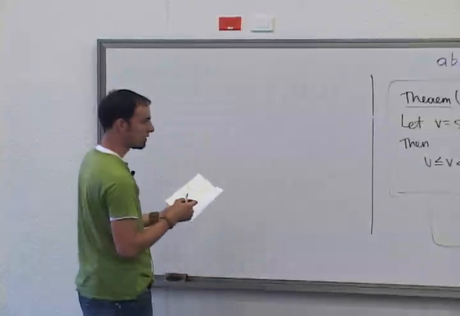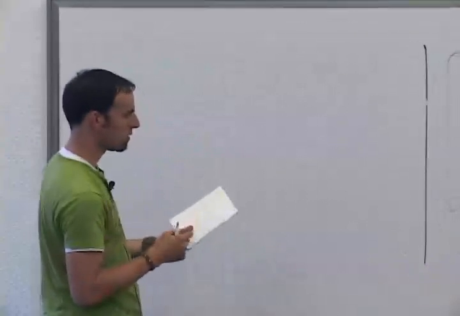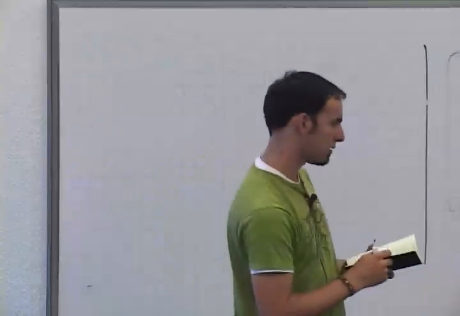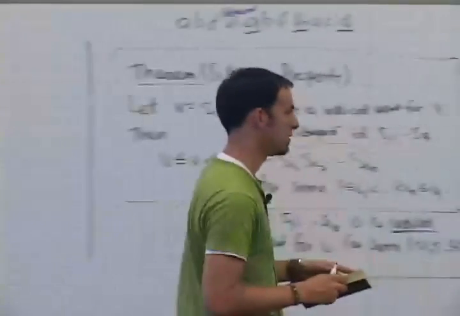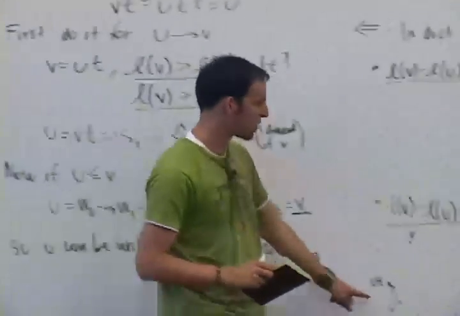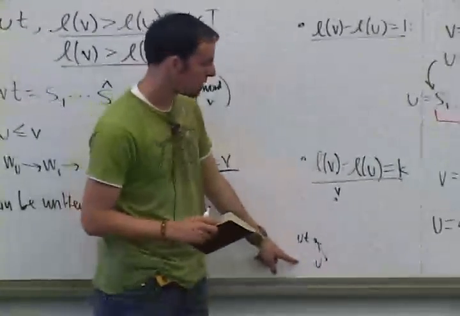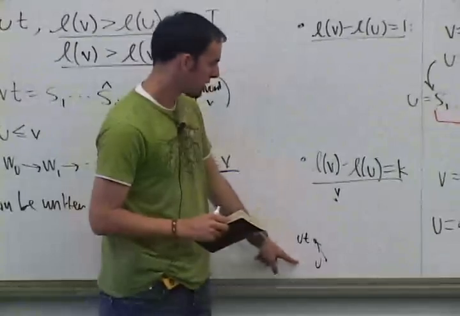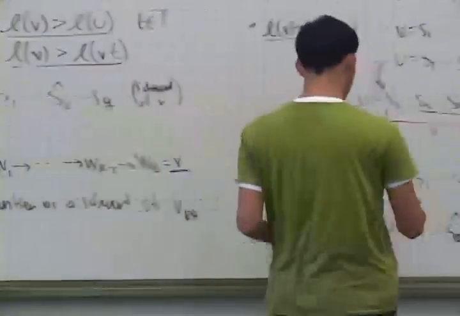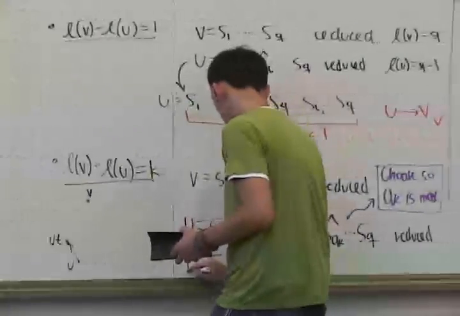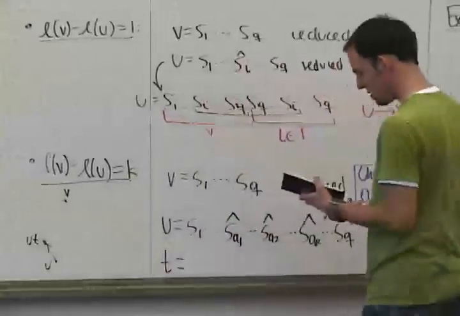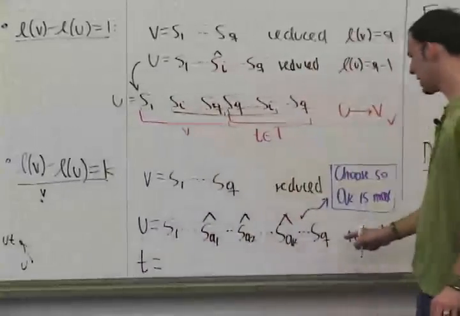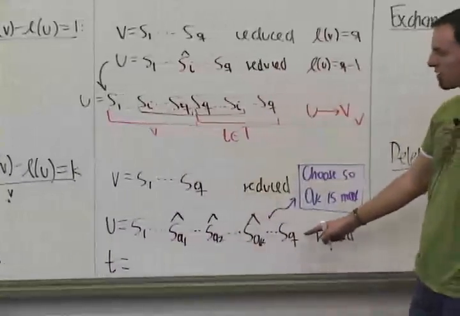Now, what I want to do is tell you what t I'm going to multiply by. So the t that I'm going to multiply by, I'll tell you right here, is, I want to get something longer.